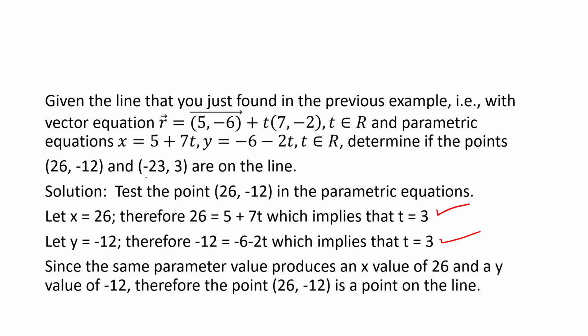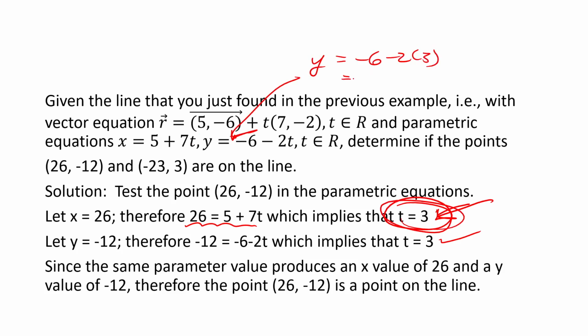What some other people do instead, and it's equally valid, they might say, okay, I know that 26 equals 5 plus 7t gives me a t value of 3. That part's the same. But then they'll take that t value of 3 and directly plug it into the y equation. So they'll say, okay, y is negative 6 minus 2 times 3. Let's see what we get.